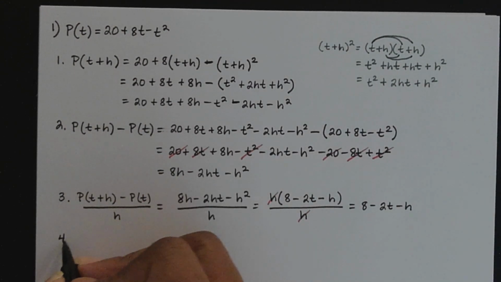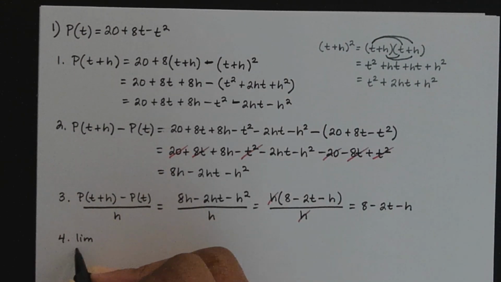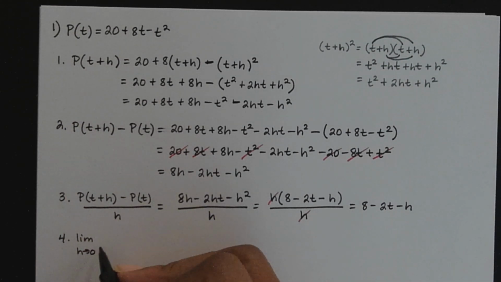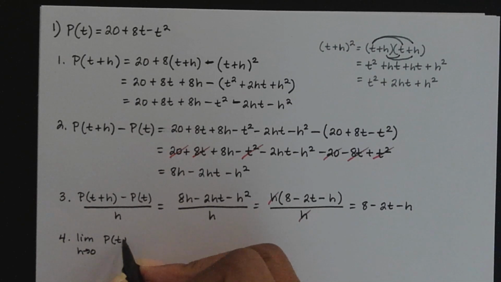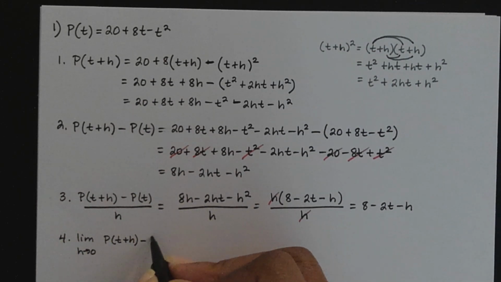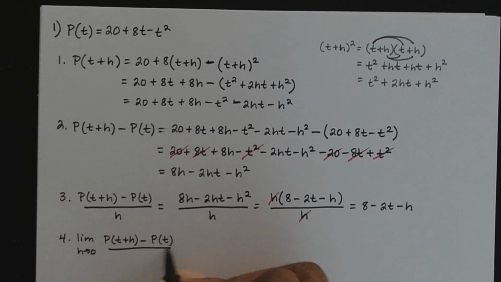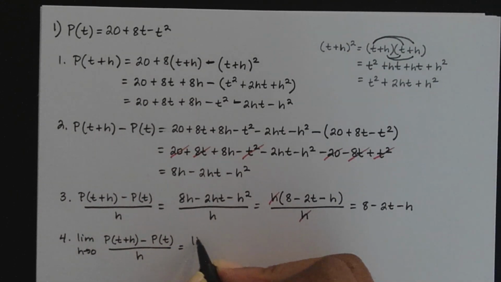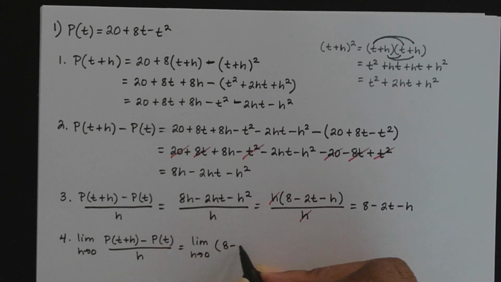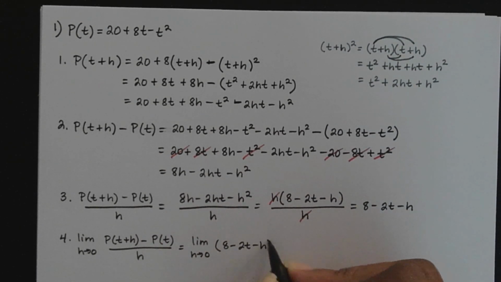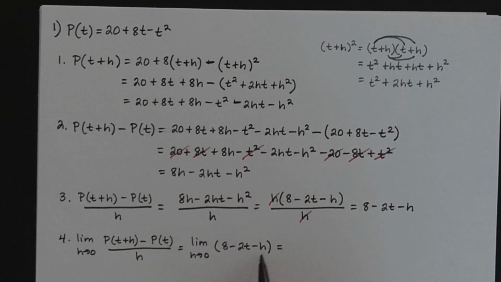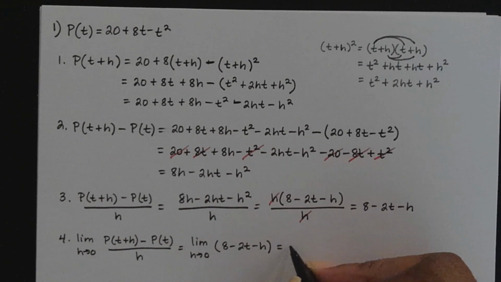And then the final step would just be to take the limit as H approaches 0 of P of T plus H minus P of T divided by H. So the limit as H approaches 0 of 8 minus 2T minus H. Well, this H will go to 0 as we let H approach 0. So you'll be left with 8 minus 2T.